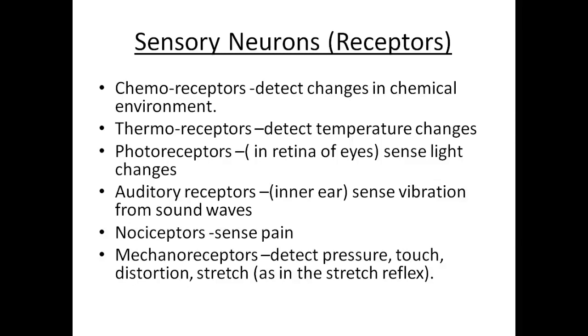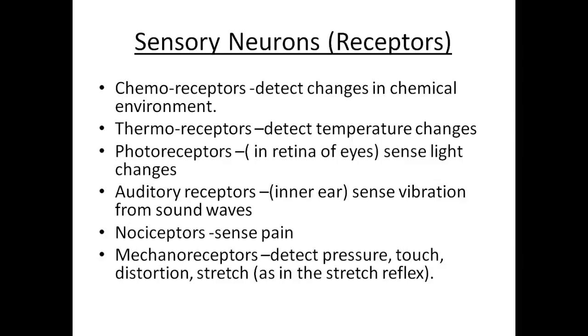And then you've got thermoreceptors. They detect whether you're hot or whether you're cold. Photoreceptors in the retina of the eye sense changes in light. Auditory receptors, obviously the inner ear, sense vibration of sound waves.